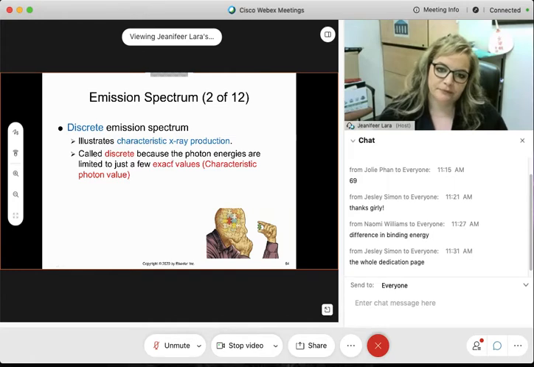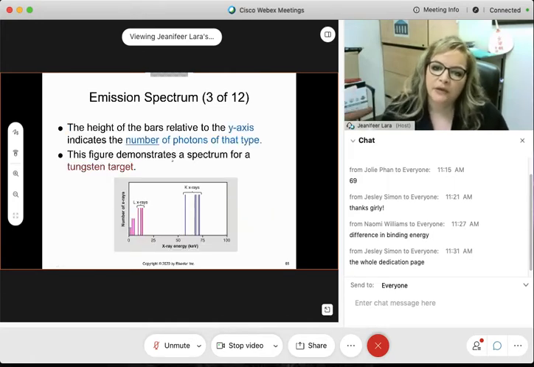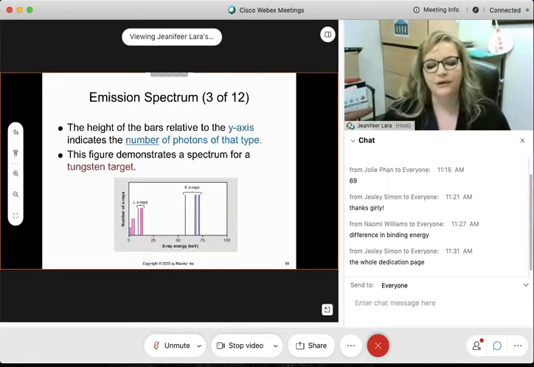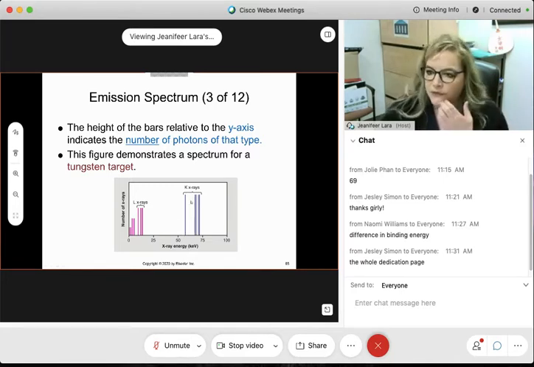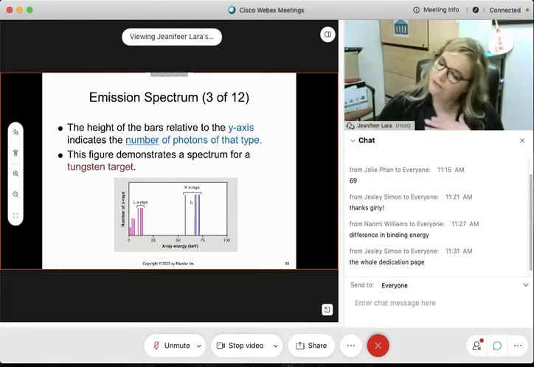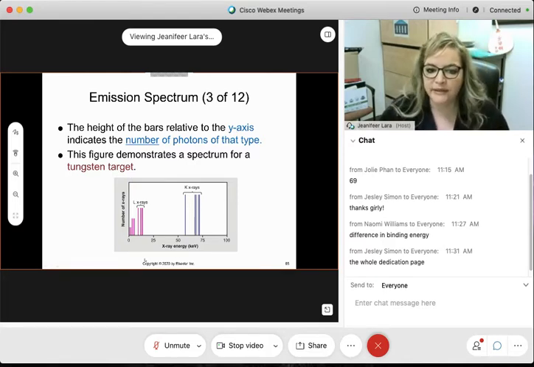Good. So the height of the bars relative to the Y, and this sounds very scientific, but what is it basically telling us? This is the level of energy. So at this energy, how many X-rays did we have? If we counted, 1, 2, 3, 4, 5, 6, 7, 8, 9. So it's just basically, don't let it confuse you. I'm here to help you understand some of this.